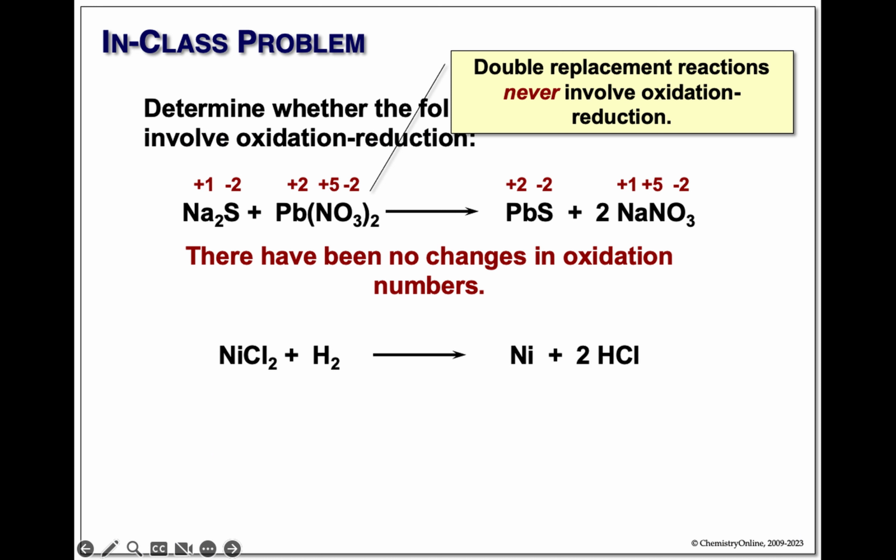Element, compound, single replacement, right? Hydrogen and nickel will be 0. Halogen will be -1, -1. Nickel here is +2. Nickel here is 0.